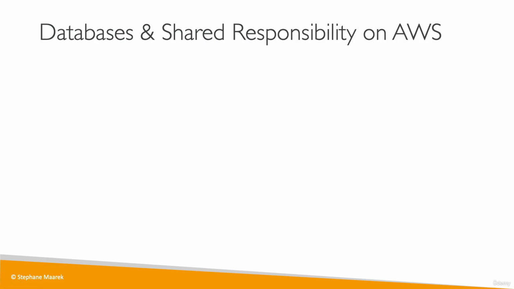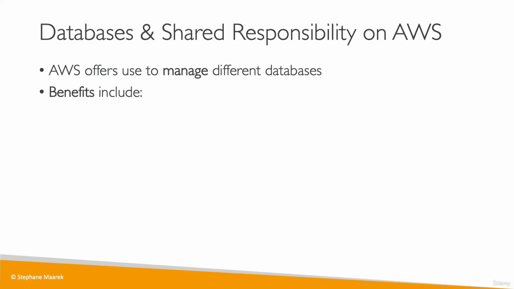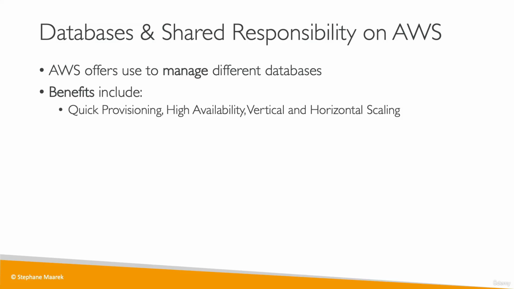So just some words around databases and the shared responsibility model on AWS. AWS will offer to manage different databases for us. So these are the offerings we'll see. And the benefits of using a managed database is that it's very quick to provision. Usually AWS will have high availability in mind when designing it. And if you want to scale your database, you can do vertical and horizontal scaling pretty easily.